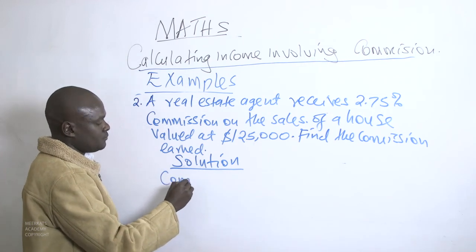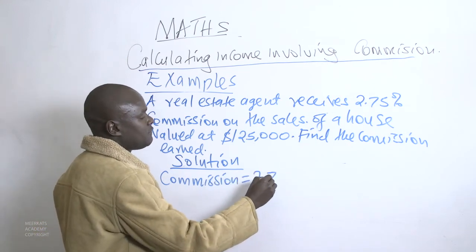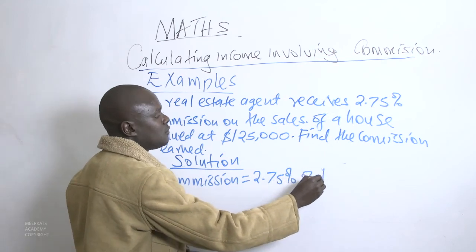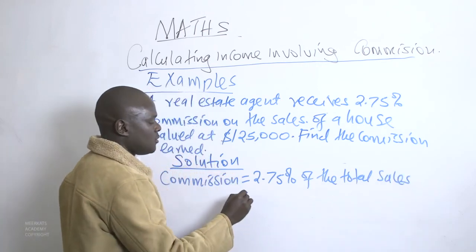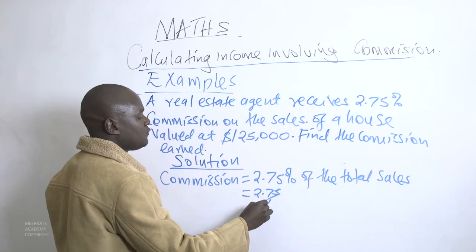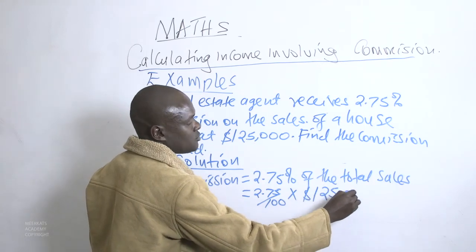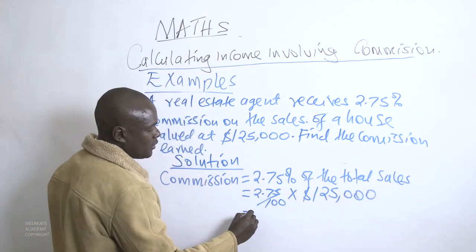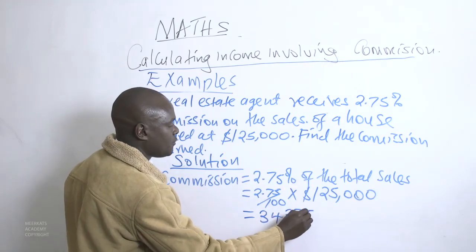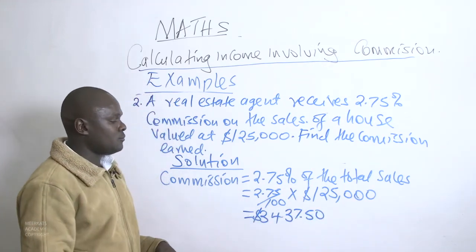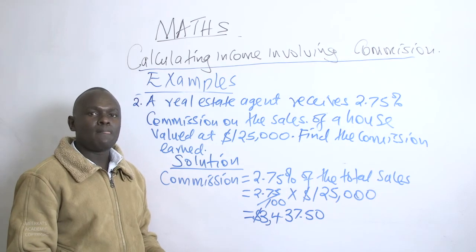This means our commission, from our definition, will be equal to 2.75% of the total sales, and this will be 2.75 out of 100 of the total sales, which is $125,000, and this will be equal to $3,437.50.